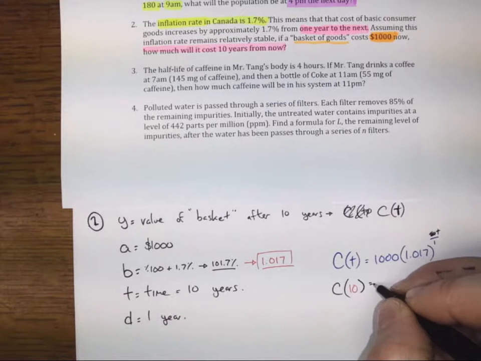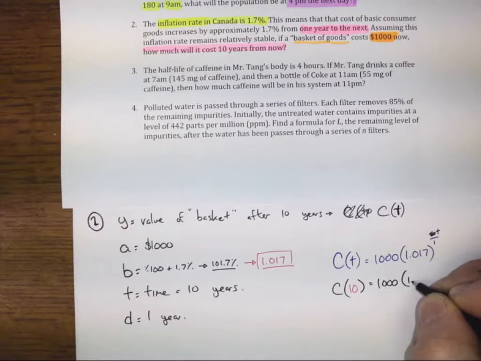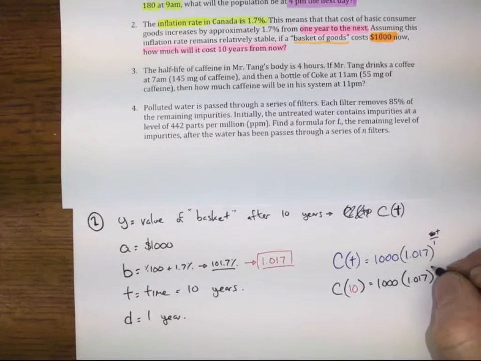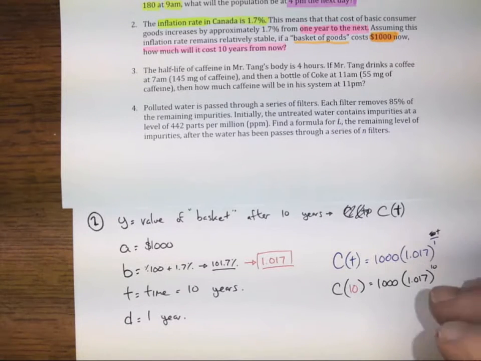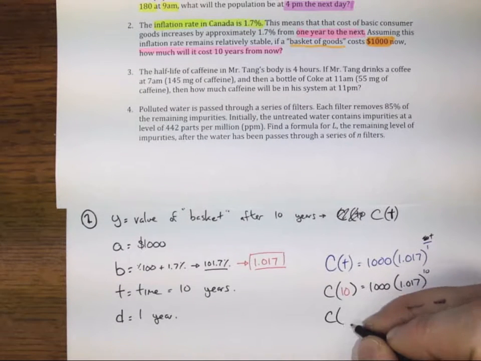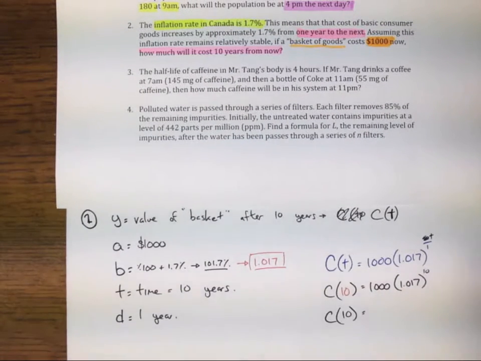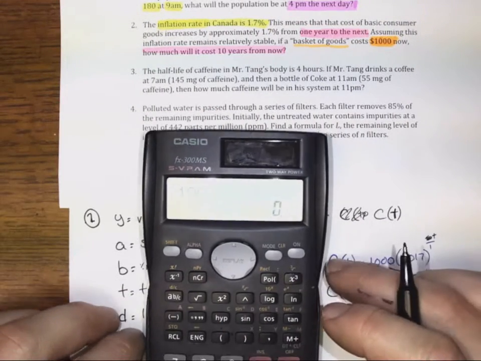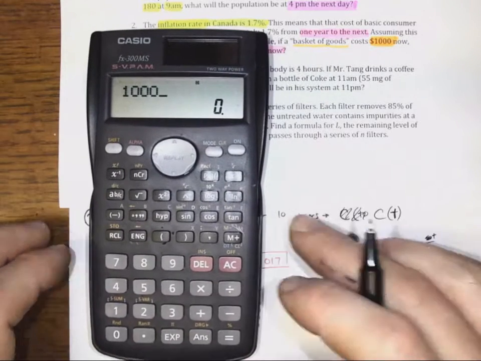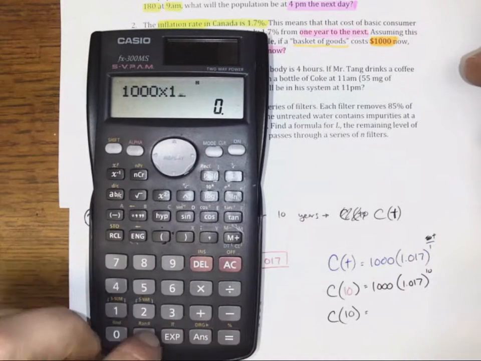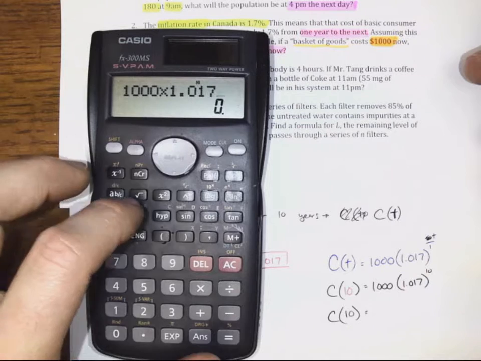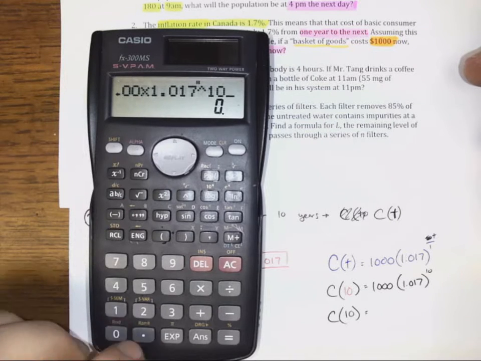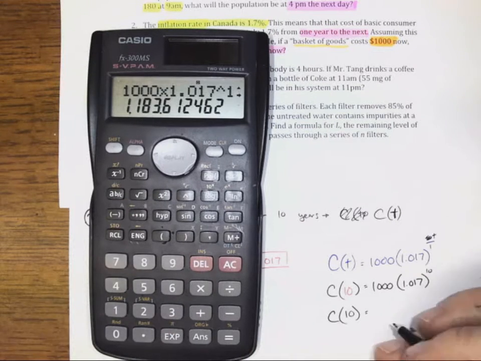Okay, so how much will $1,000 worth of typical goods cost in 10 years in Canada, if we assume the inflation rate remains constant? 1,000 times 1.017 to the power 10, which is to say they will cost $1,183.62.